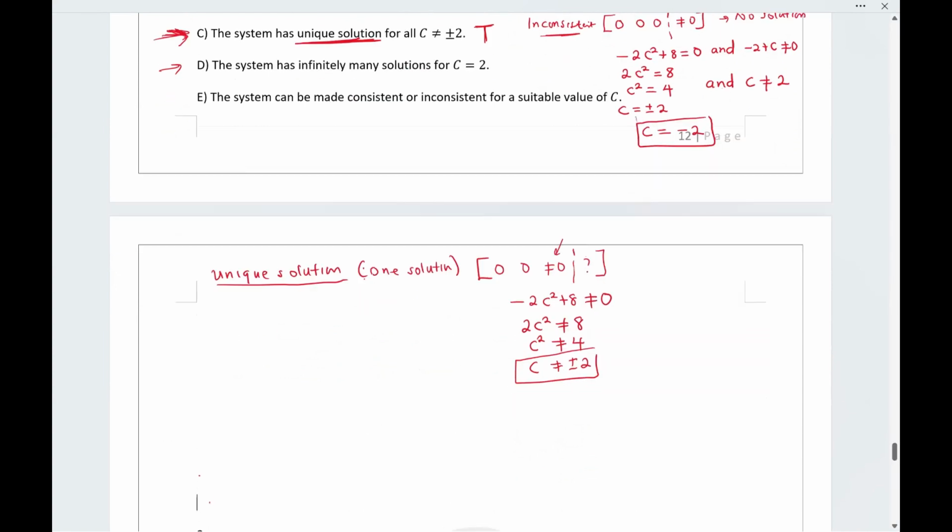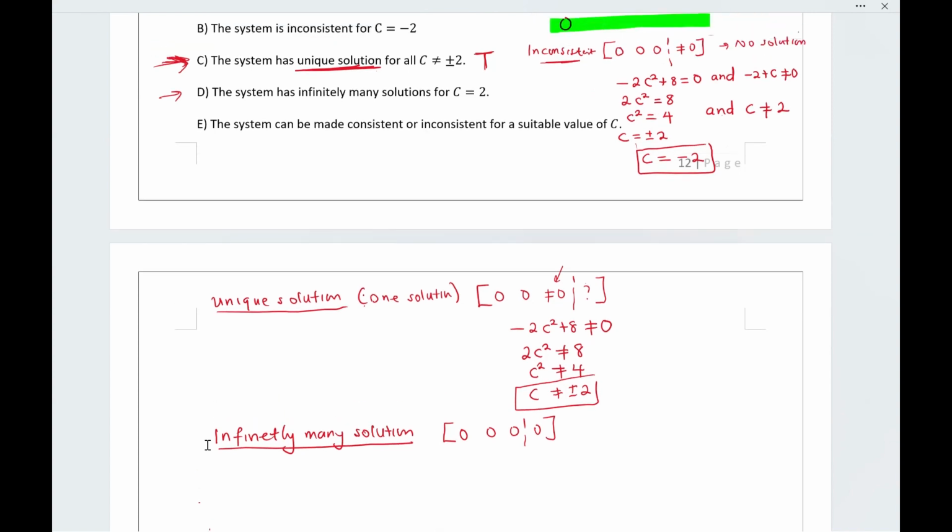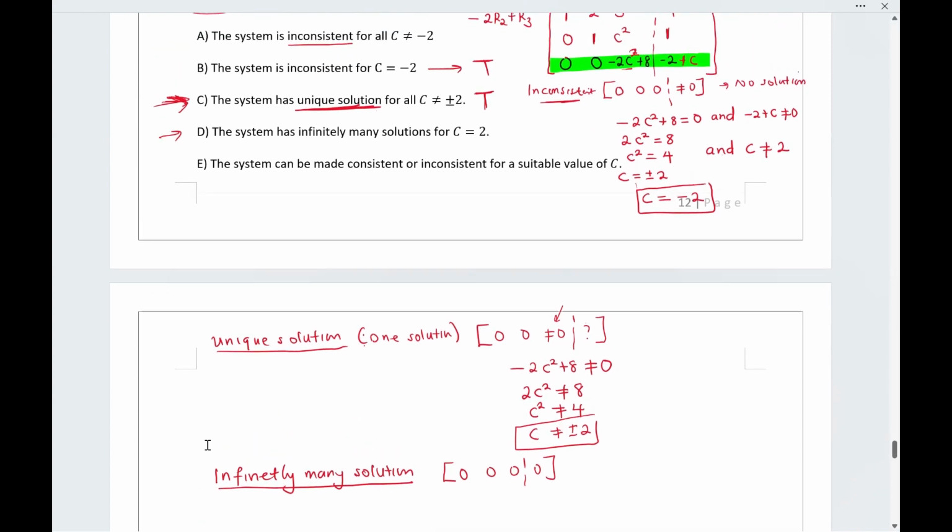For infinitely many solutions, you need to have something like this. Everything has to be 0, right? The third row has to be 0. So you need to have 0, 0, and this has to be 0.